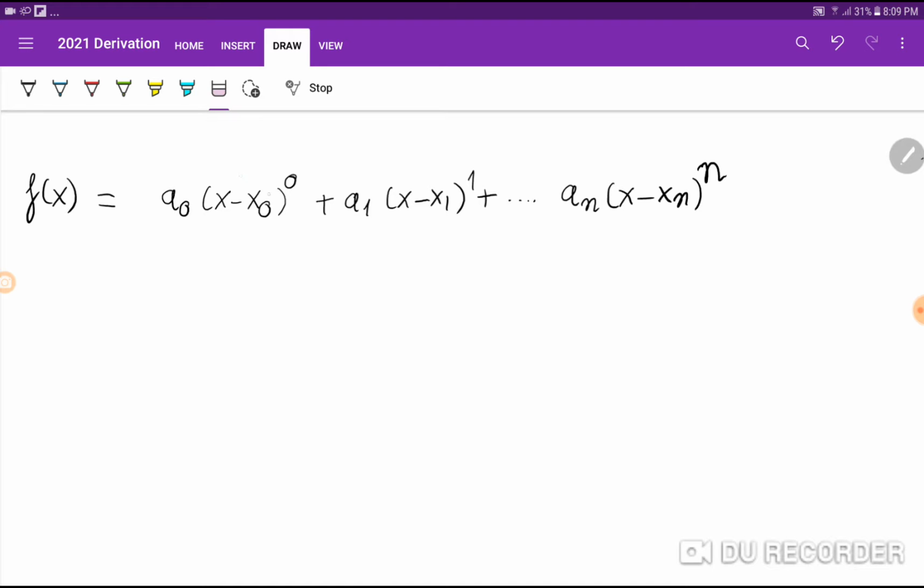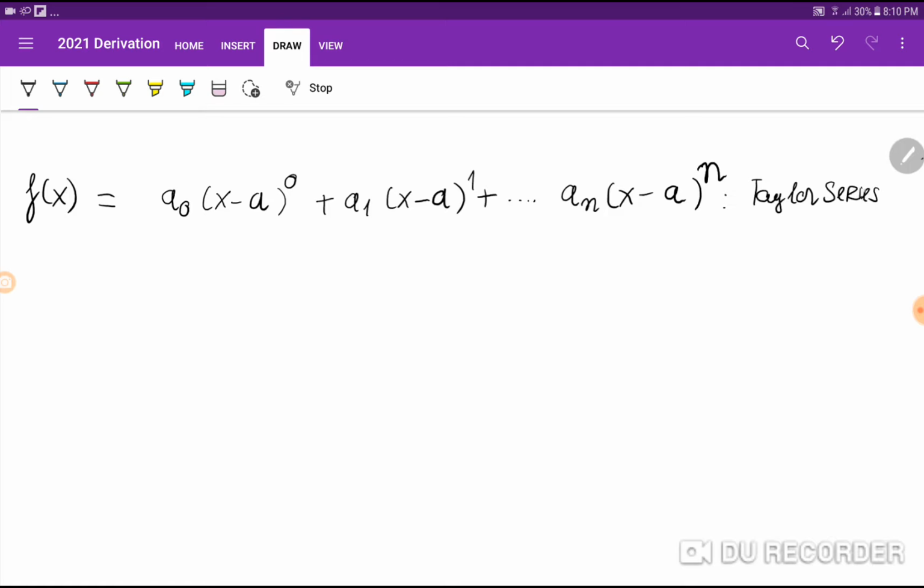Actually, no, it's not x0, it's a. Yes, it's a. Okay, this is the Taylor series, if you recall.